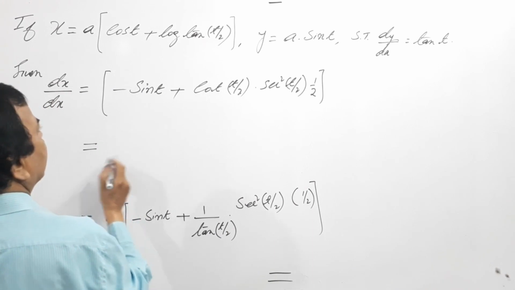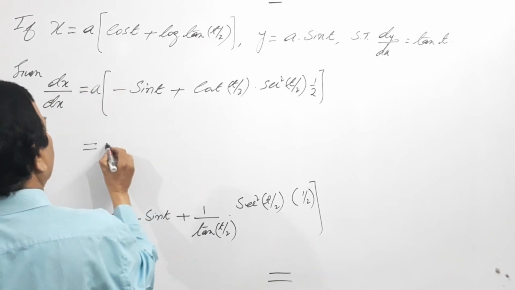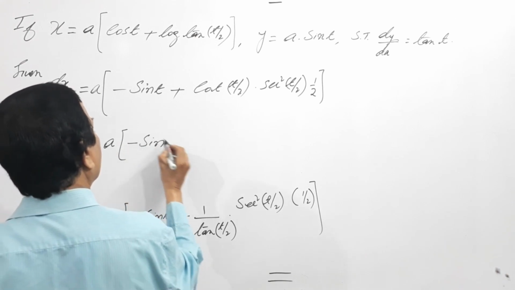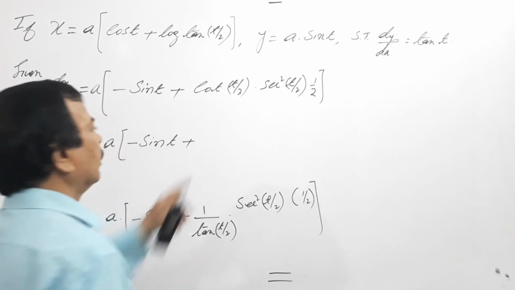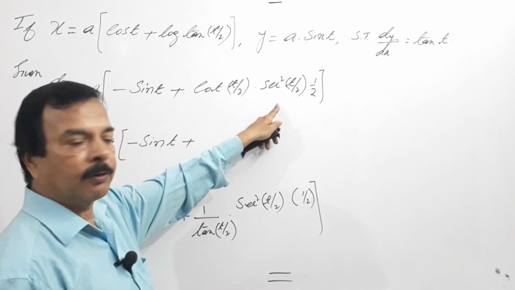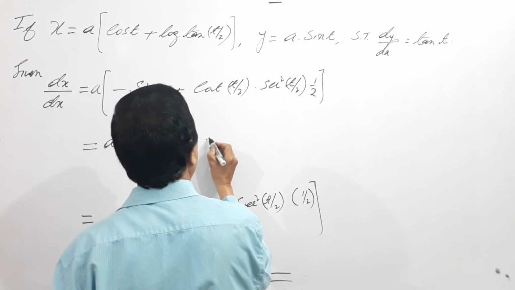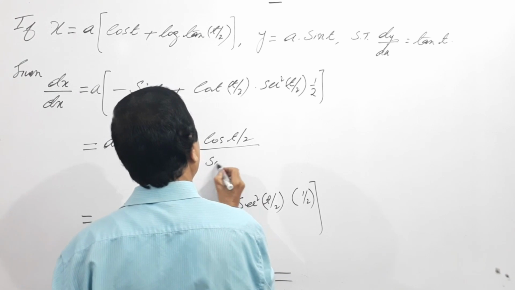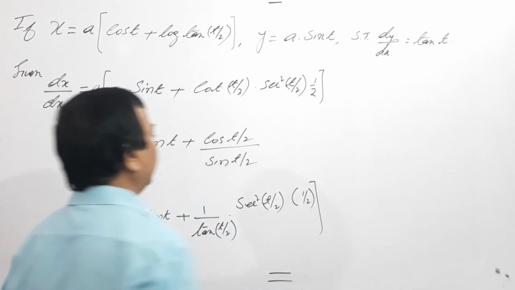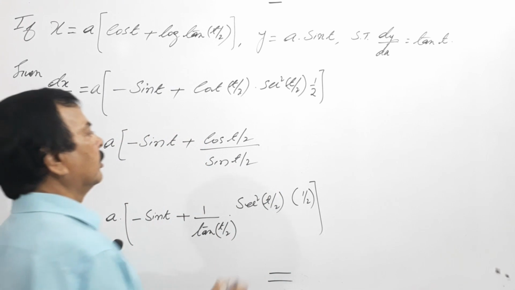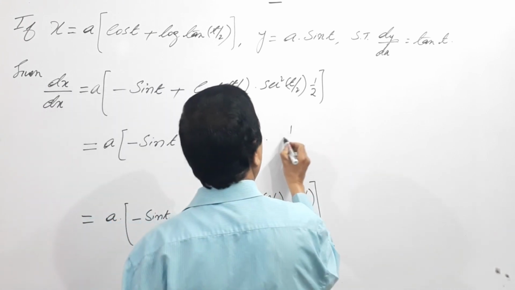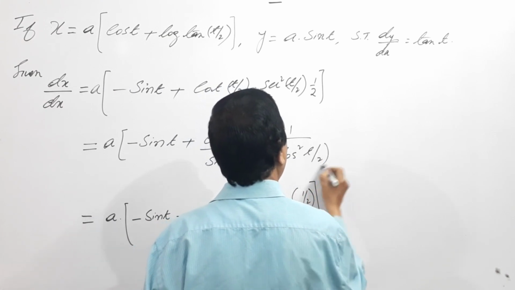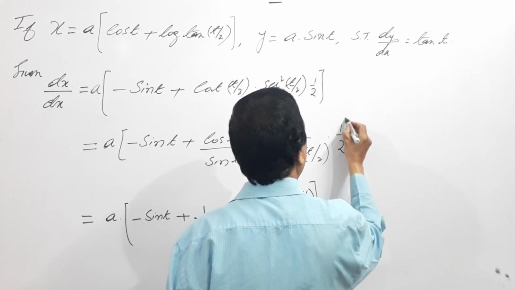So this is, oh, a is here, sorry, a into minus sin t plus, because I want to get rid of this secant square, what is cot? Cot is nothing but cos t by 2 by sin t by 2. Can you write like this? What is secant square? 1 by cos square t by 2 into half.